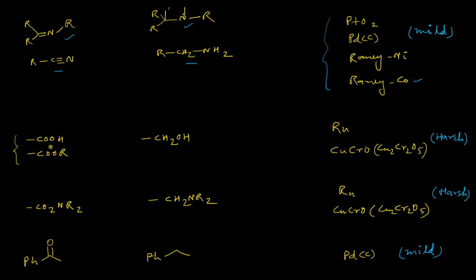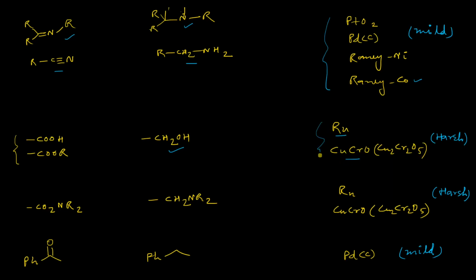If you want to convert a carboxylic acid or an ester functional group into the corresponding alcohol, then you have to use either a ruthenium catalyst or copper chromite. This is copper chromite. Its stoichiometry is basically undetermined, so it is represented as CuCrO or Cu2Cr2O5.